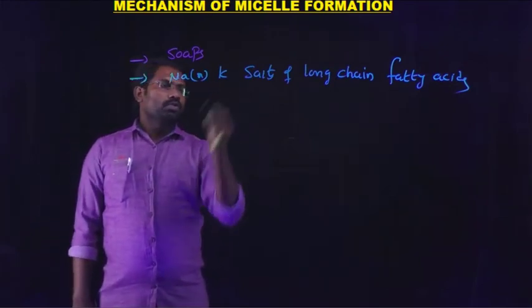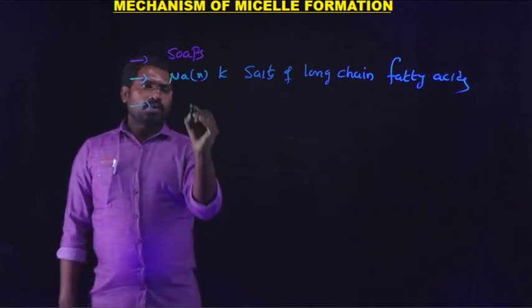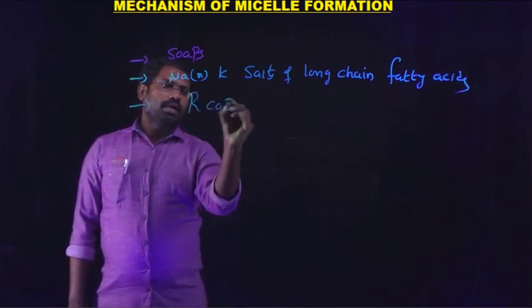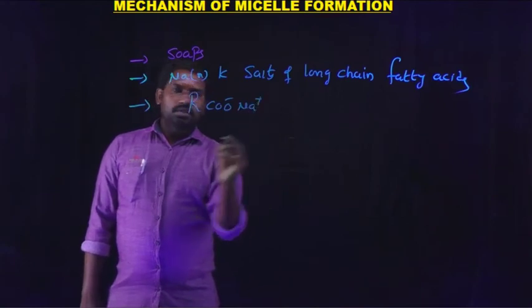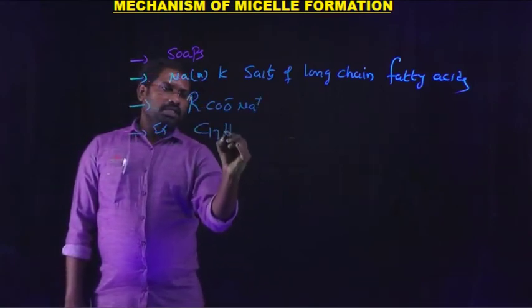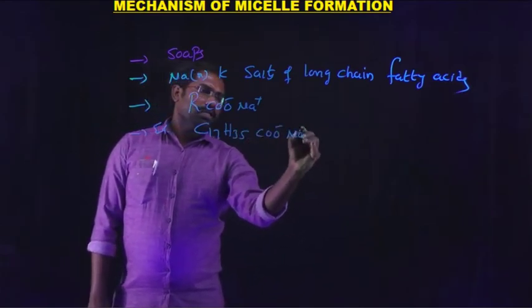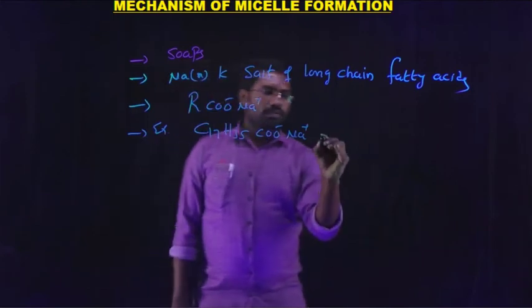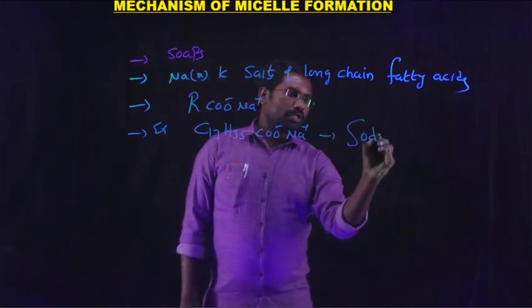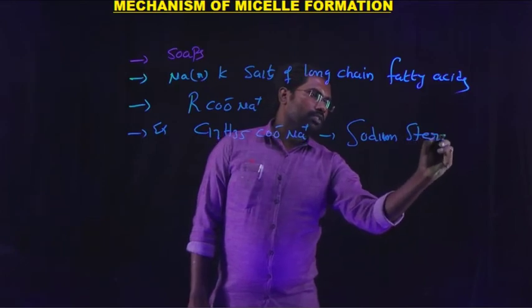Chemically, soaps are sodium or potassium salts of long chain fatty acids. Their general formula is RCOO minus Na plus. The best example is sodium stearate, C17H35COO minus Na plus. This is the formula for sodium stearate.